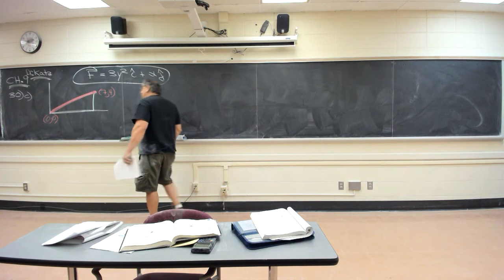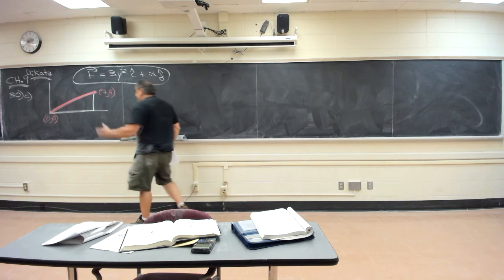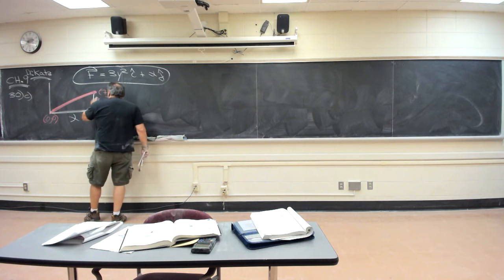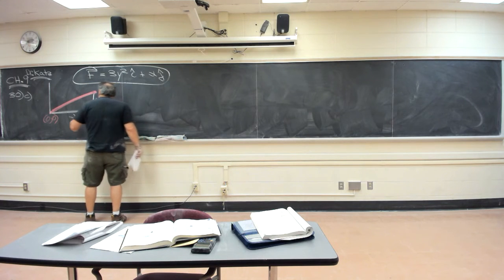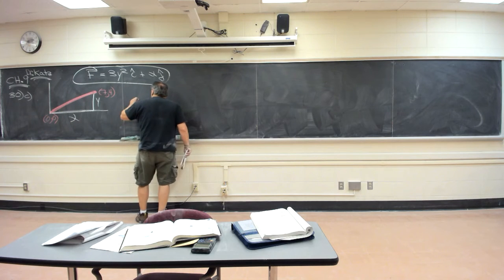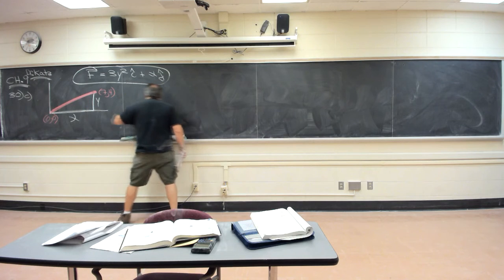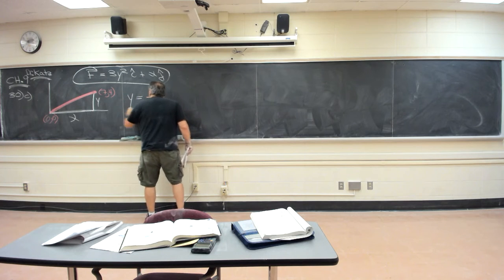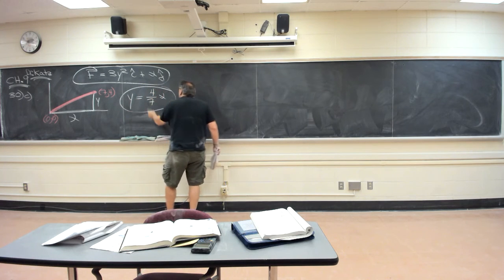Well, let's get into this. This is a straight line. As x proceeds this way, you get y values that way. If you run 7 and climb 4, you climb 4 for every run of 7, so y equals 4/7 x.